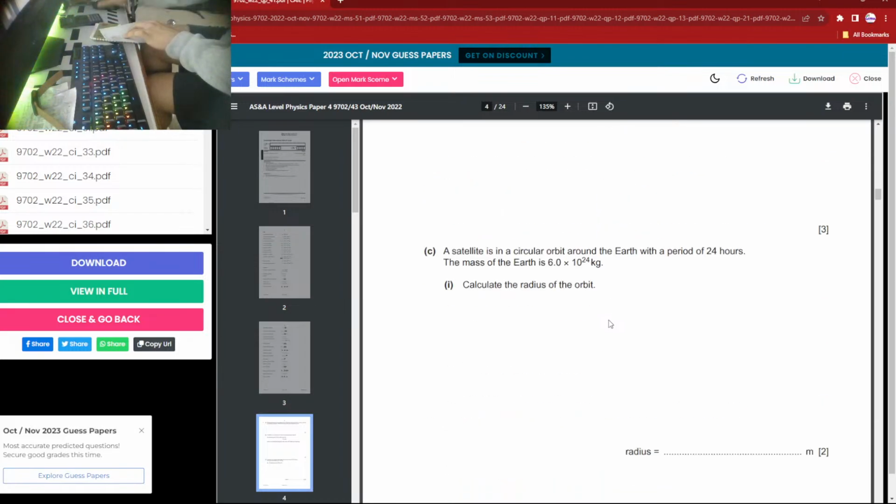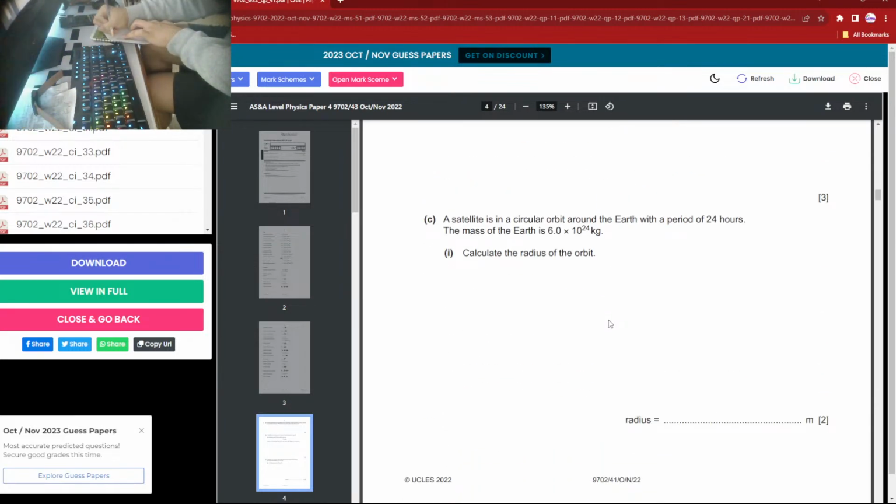Okay, next one. C. A satellite is in a circular orbit around the Earth with a period of 24 hours. The mass of the Earth is 6 times 10 to the power of 24. Calculate the radius of the orbit. For this one, firstly, you use this to calculate the angular velocity.